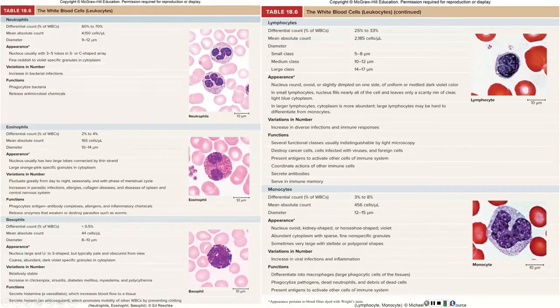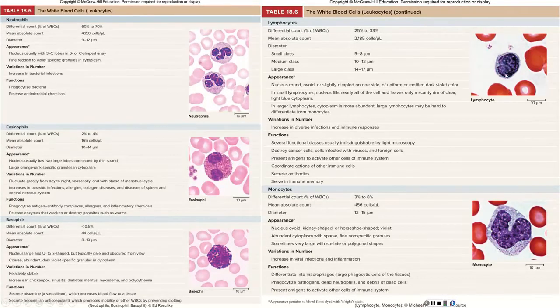So that's how to tell them apart. And monocytes, they're obvious because they've got this really big kidney bean-shaped nucleus. Now, the nucleus of a monocyte and a basophil look very similar, but we don't see the nucleus in a basophil because those granules hide it. In a monocyte, that nucleus is really obvious.